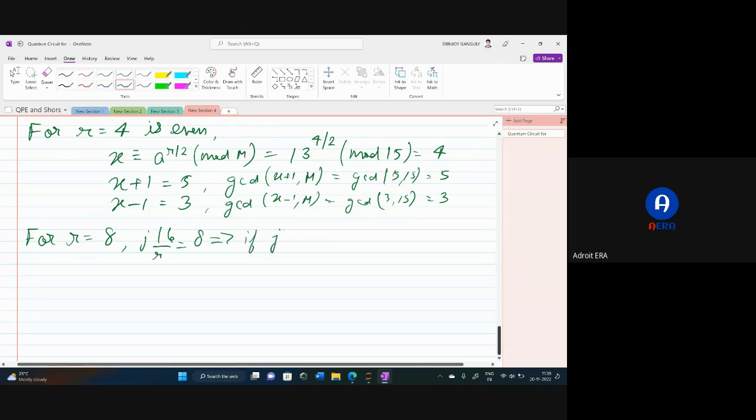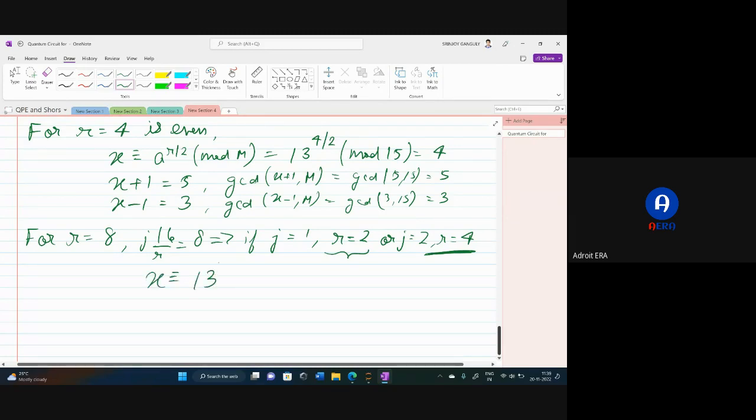This will be possible when j is equal to 1 and r is equal to 2, or j is equal to 2 and r is equal to 4. Since r is equal to 4 we have already tried above, but we have not tried r is equal to 2.